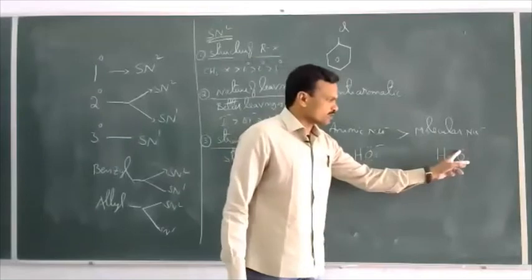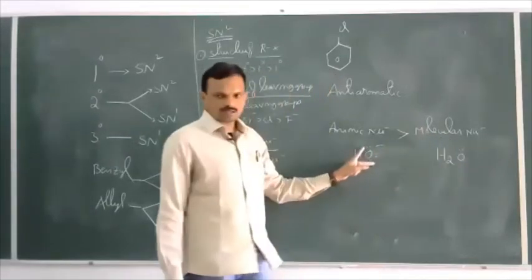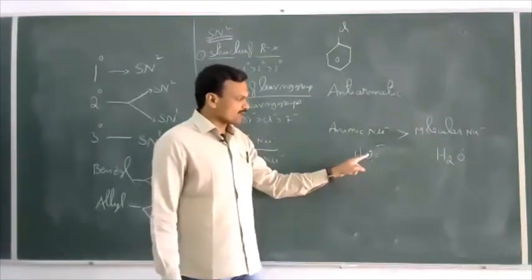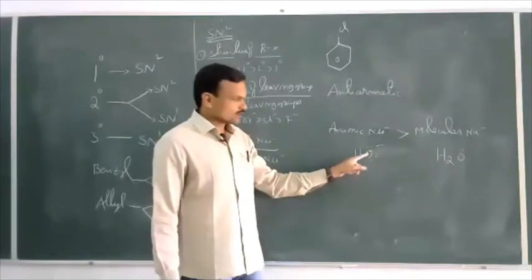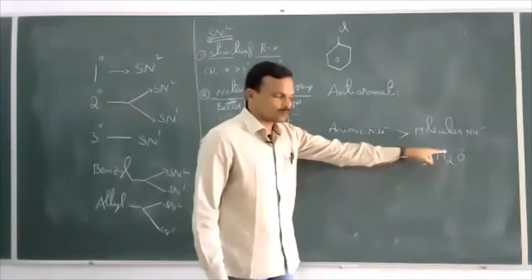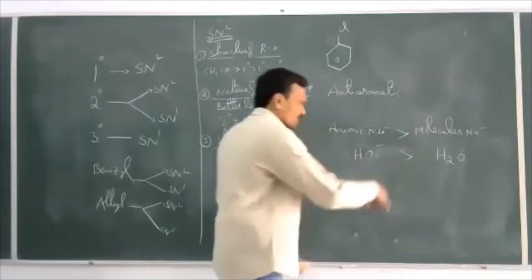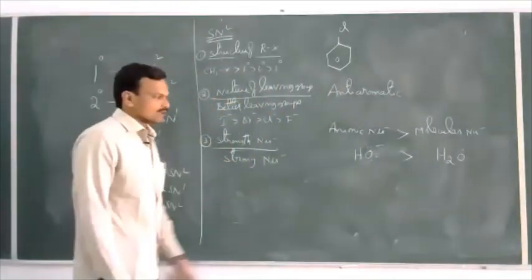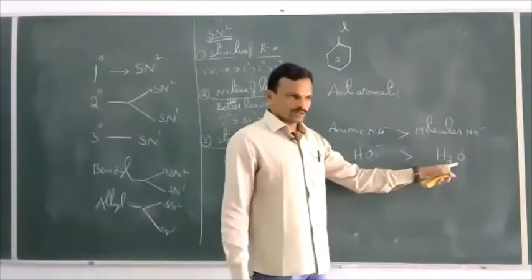Here oxygen contains 2 lone pairs, whereas here oxygen contains 3 lone pairs. So electron density at this oxygen is more. So this can act as a stronger nucleophile compared to water. So OH⁻ is a stronger nucleophile than water.